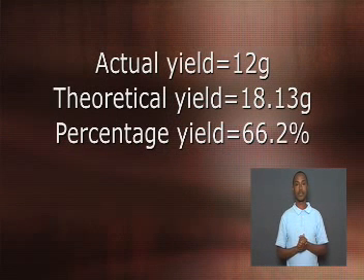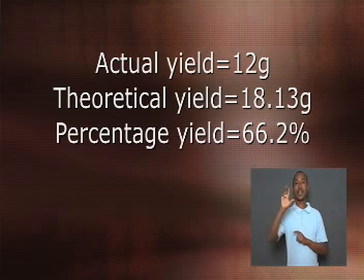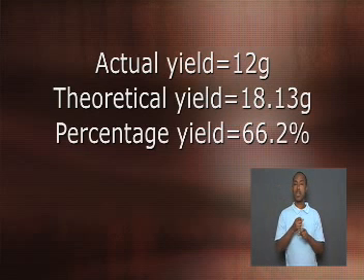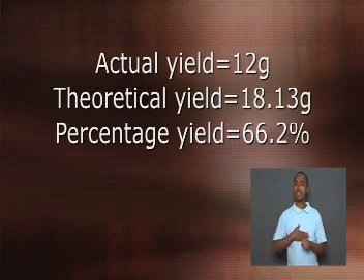The theoretical yield will be 18.13 grams, and the percentage yield will be 66.2%. If you are finding these activities to be too difficult, please ask your teacher for assistance at the end of this lesson.